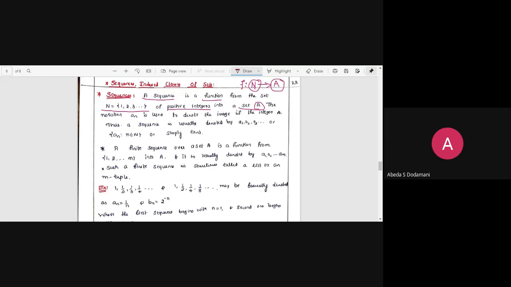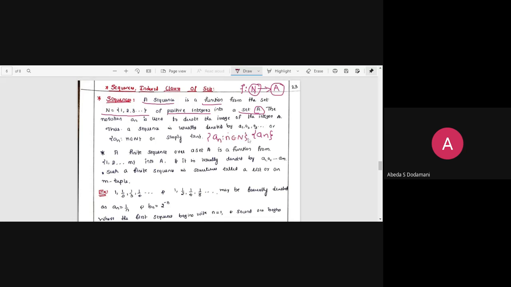Usually we denote our sequence by a_n, or sometimes we denote it as a_n such that n is coming from the natural set. So these are all the notations. Sometimes we can also write it as a1, a2, a3 up to an. And it is nothing but the image.